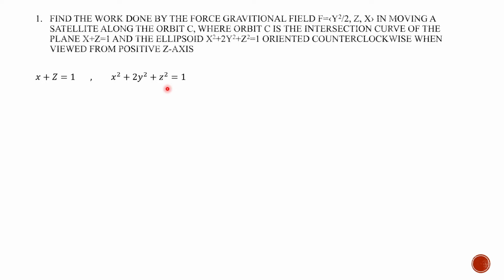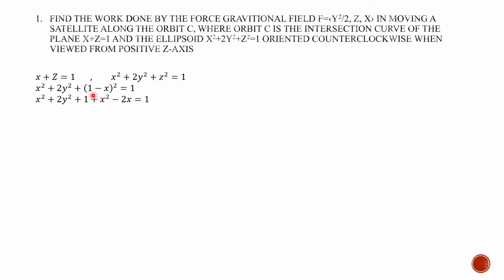Then we find z equals 1 minus x, and substitute it into the ellipsoid equation. So we get x squared plus 2y squared plus (1 minus x) squared equals 1.